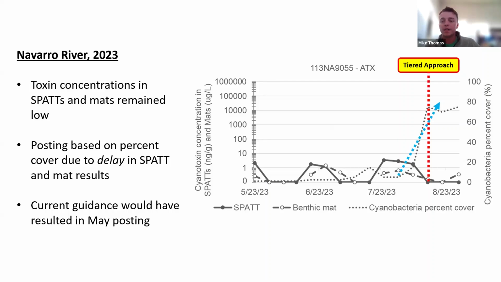Later, we documented that cyanotoxin concentrations remained low despite this large increase in percent cover. So this scenario demonstrates the importance of visual assessments, especially if lab testing is not feasible for partners, but also the importance of collecting that toxin data to get the full picture of what's going on. Current guidance would have resulted in a posting at the beginning of the study when health risks were not present.